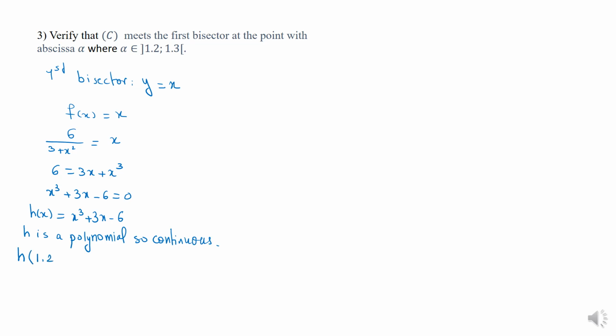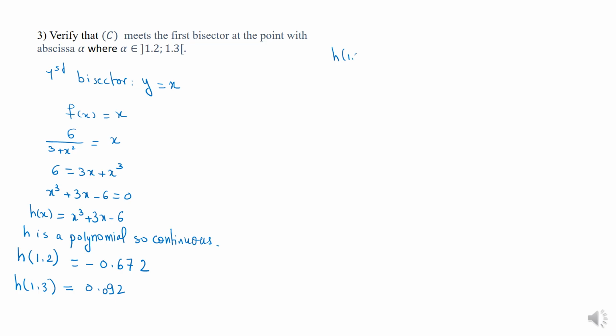So find h of 1.2, you will find it equal to minus 0.672. H of 1.3 is about 0.097.